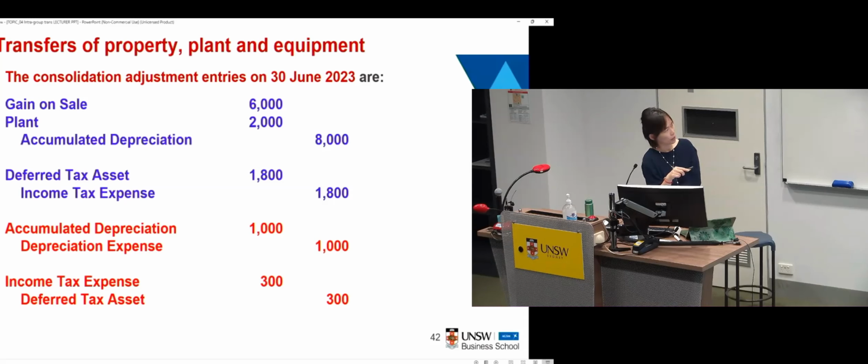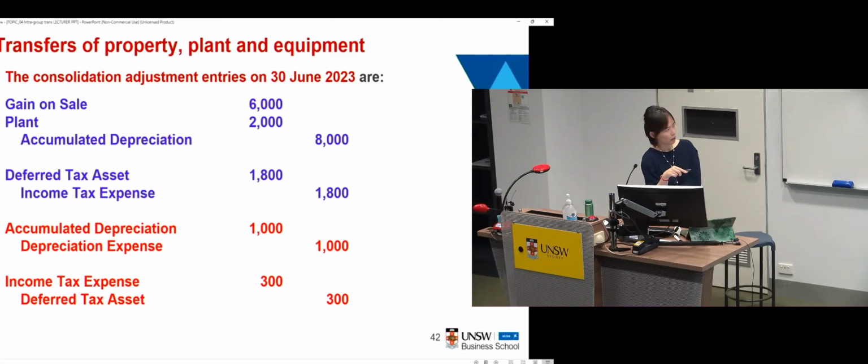Now let's look at our worksheet entries on 30 June 23. Now the first two entries are the same as previously discussed, okay? But in addition to that, we should adjust for 1 year depreciation expense, reduce depreciation expense, okay? And then debit accumulated depreciation. Now because the depreciation expense adjustment effectively reduces the group expense, therefore increases the group current year profit.